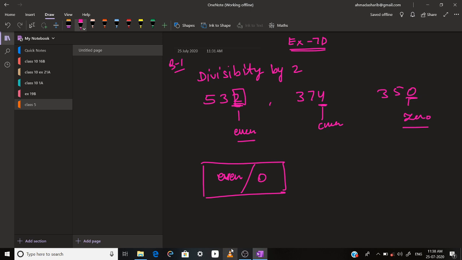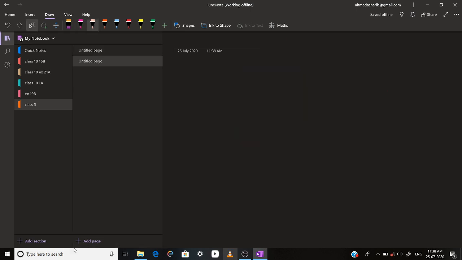Now let us discuss divisibility by 3. How to check divisibility by 3? We have to find the sum of the digits. For example, 360. We have to check if 360 is divisible by 3 or not.